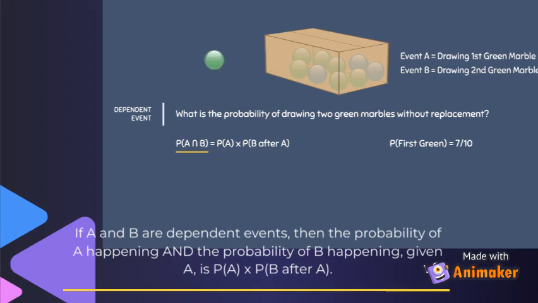If this event was successful, there will be 6 green marbles remaining, with a total of 9 marbles left in the box. Therefore, the probability of drawing the second green marble is equal to 6 over 9. And finally, to get that answer, all we have to do is multiply these two values together. 7 over 10 times 6 over 9 gives us an answer of 7 over 15, or 0.4667.